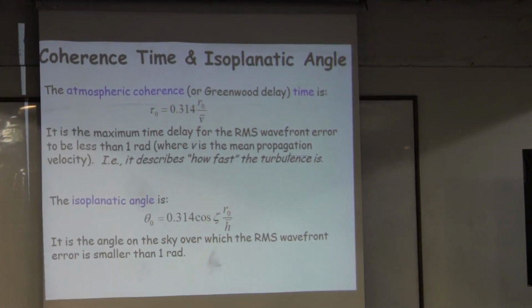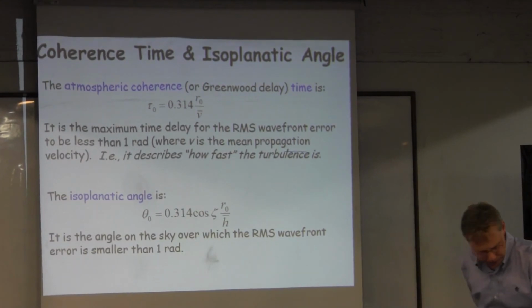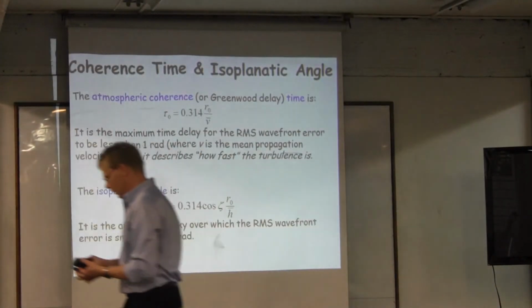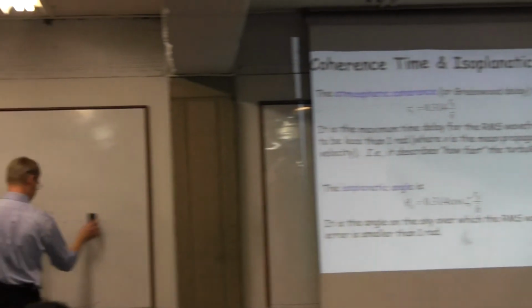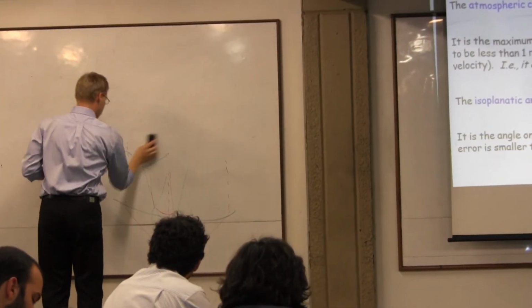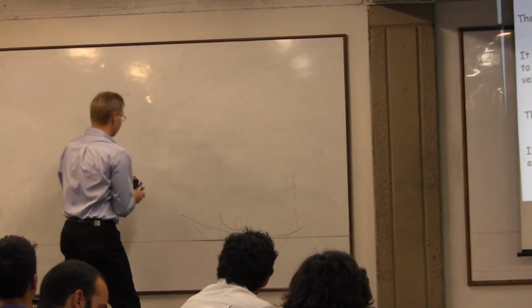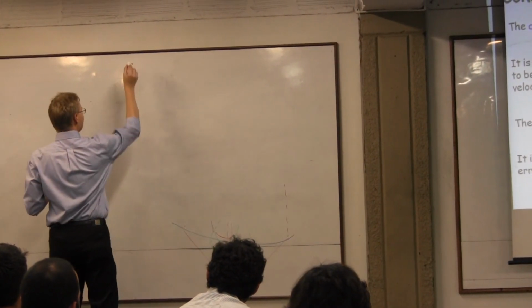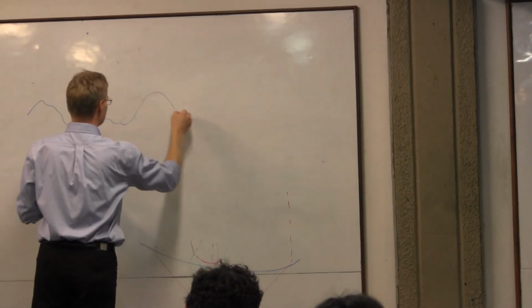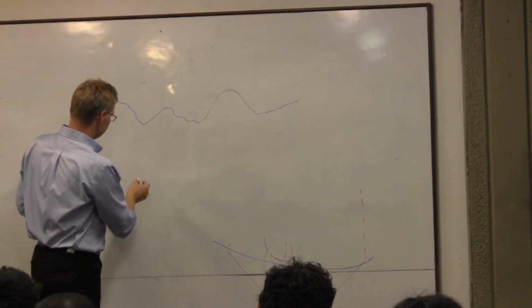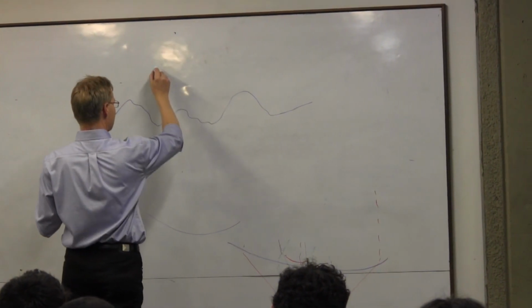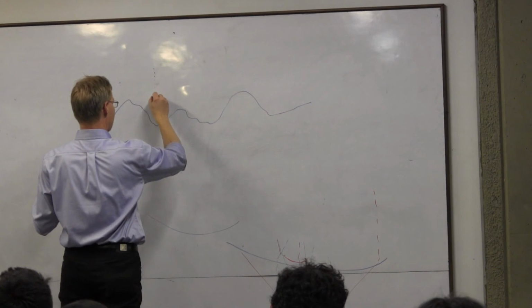Let's say in the ideal case here, we have our star at infinity, and we have a turbulent wavefront and a telescope here. So we have parallel light coming in here.